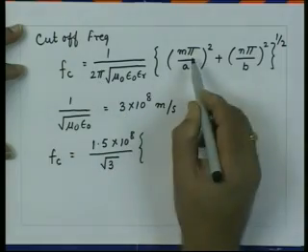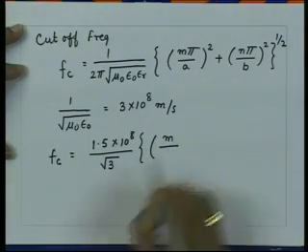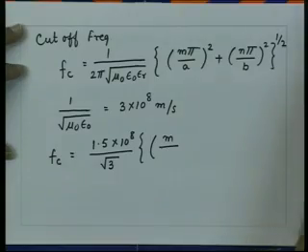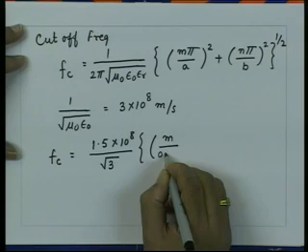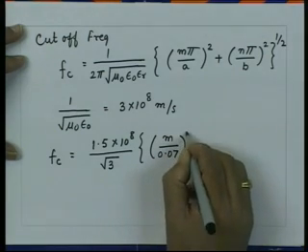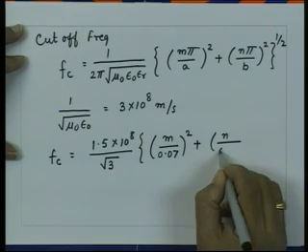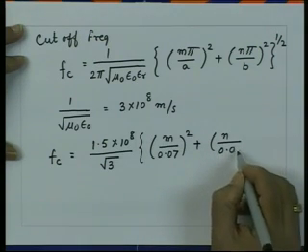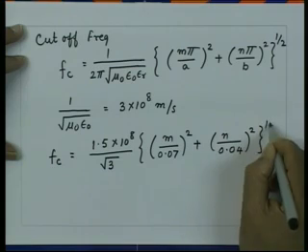This m pi will cancel with this pi. So, this will give m upon a, which for this waveguide is 7 centimeter, and b is 4 centimeter. So, this will be (m upon 0.07) whole square plus (n upon 0.04) whole square, root.